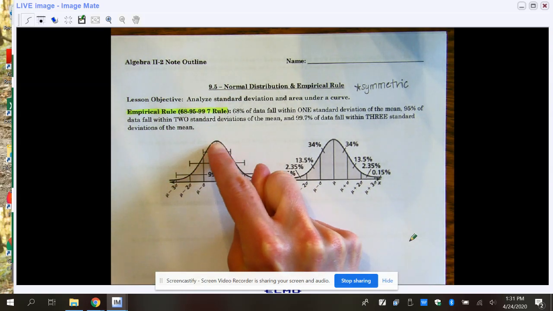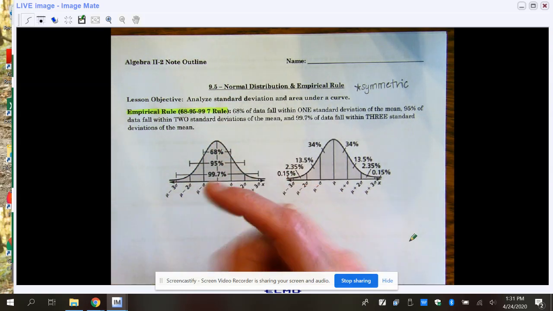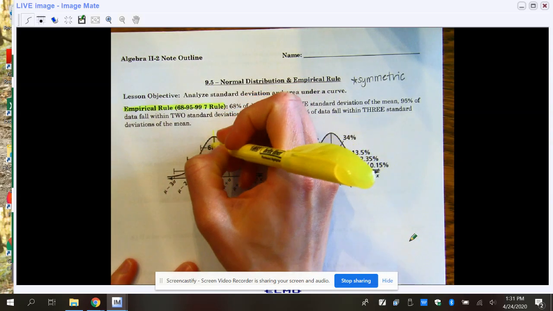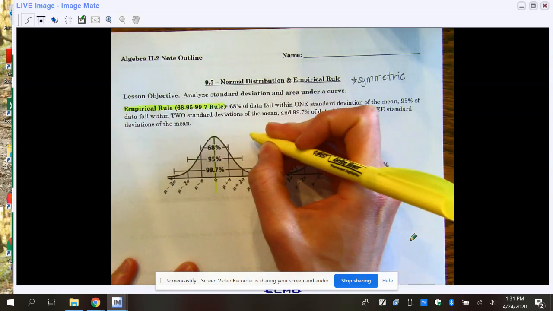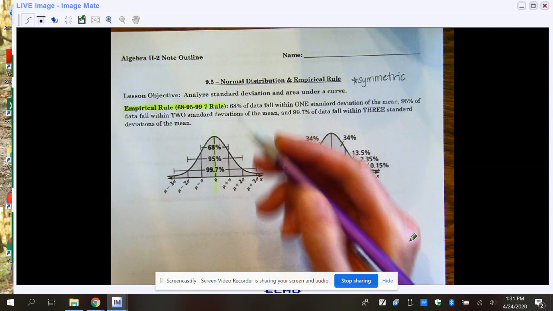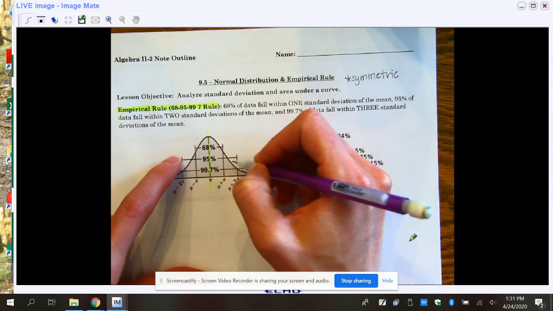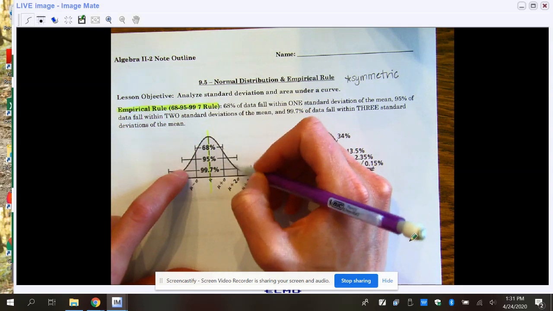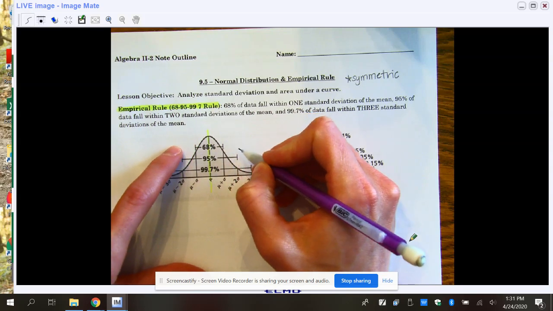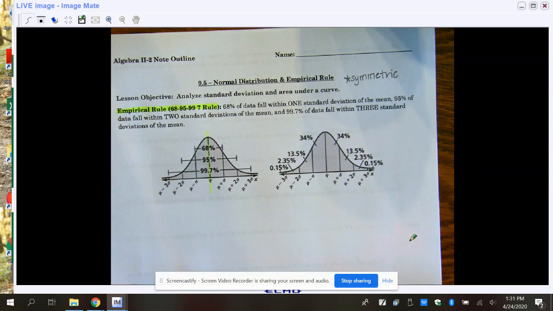We take this bell curve, which is our normally distributed data. The top of the bell is where the mean is. Every time you go out one section, you're going one standard deviation out from your mean, either above or below. And they found how much data fell within those regions.